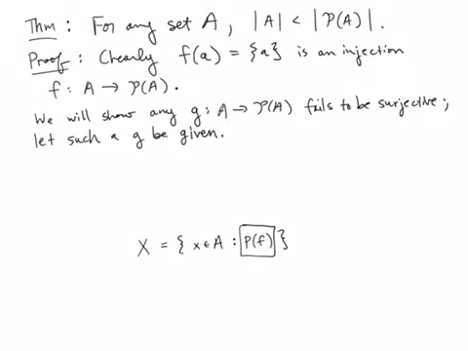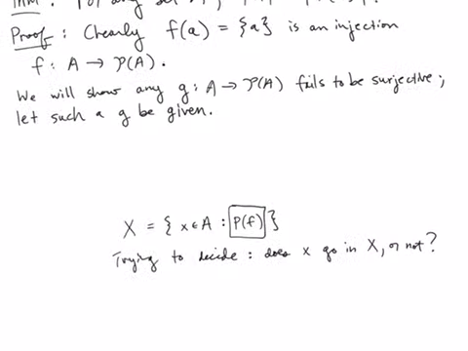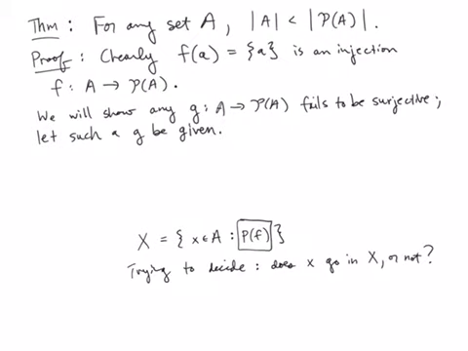Okay, so basically what we're going to do is decide whether a particular x in A goes in this set or not. So the basic idea, which I'm writing down here as scratch work first: we need to decide whether little x goes in big X or not.